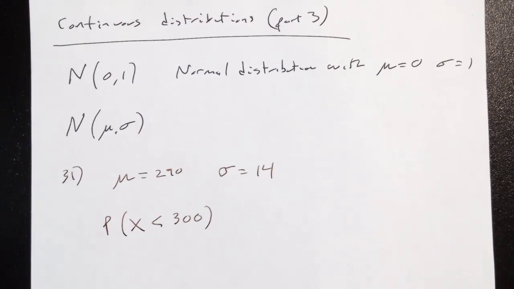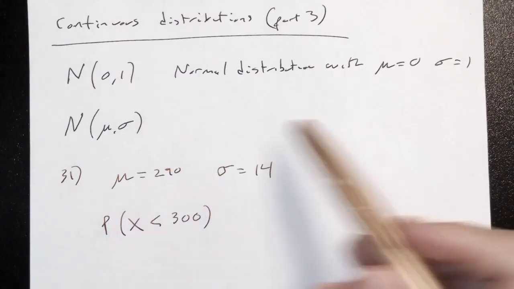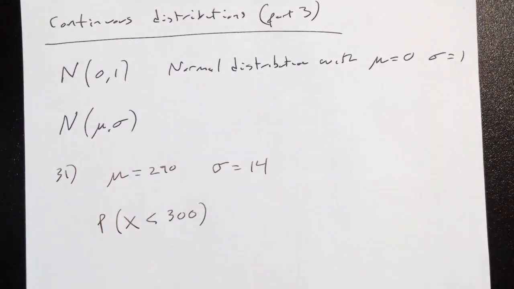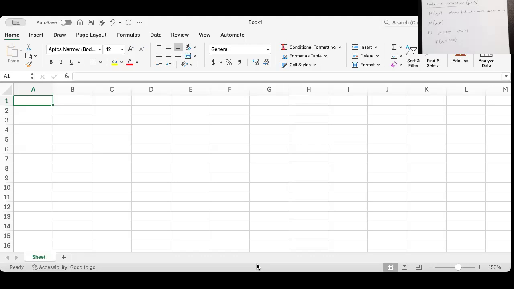I could say, oh, I'm going to use this normal distribution, N(290, 14). And then I could go into Excel. So if I go into Excel and say, I want to use a normal distribution with mean 290 and standard deviation 14, it is NORM.DIST.